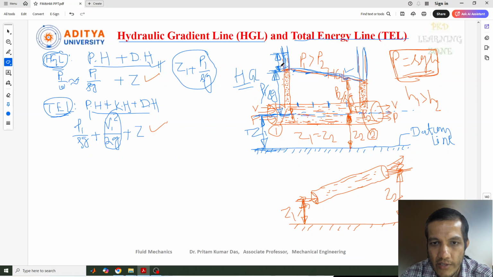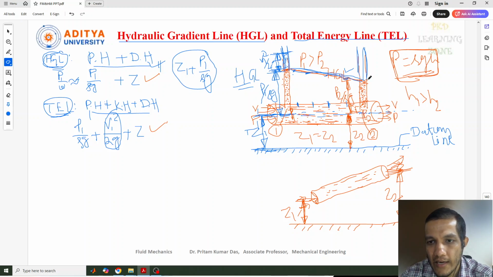This is nothing but V1 square by 2g. So this is the velocity head. What is the velocity at this point? V1, and the intensity of pressure P1. So this velocity head is V1 square by 2g.